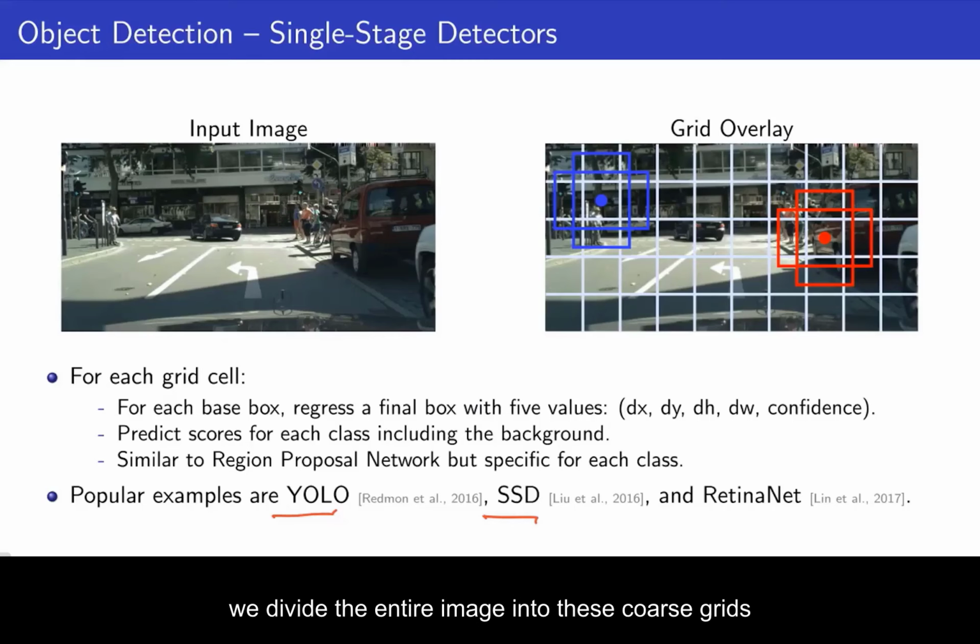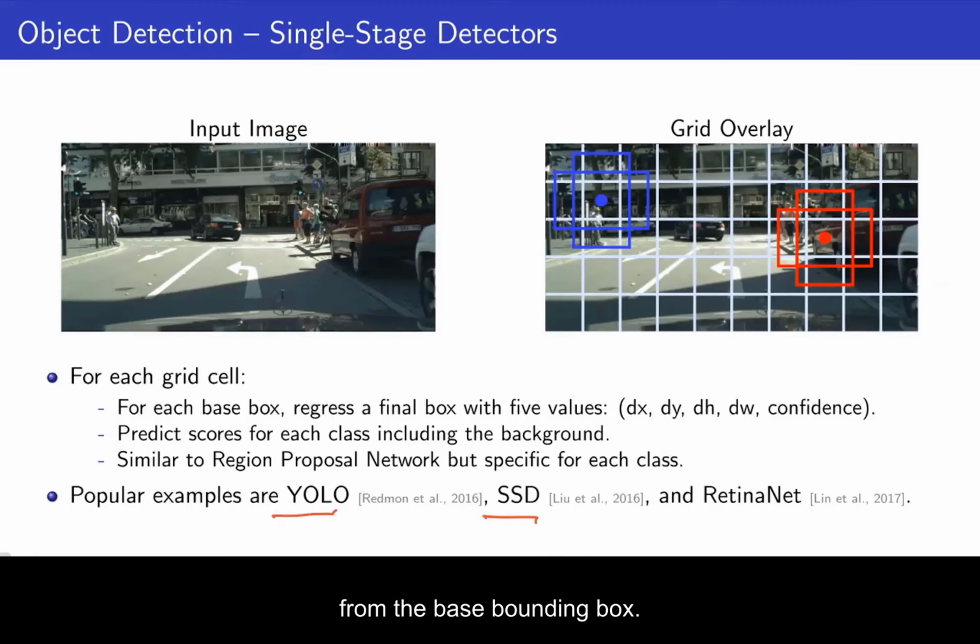So given the image, we divide the entire image into these coarse grids, as you can see in this image on the right. And now these coarse grids give us the base for these bounding boxes. For example, here you have a square box in the middle, and then you have two rectangular boxes. Now we want the network to predict several things for each of these grid locations and for each of these base boxes.